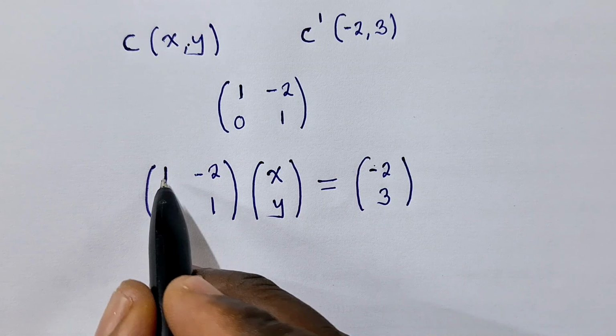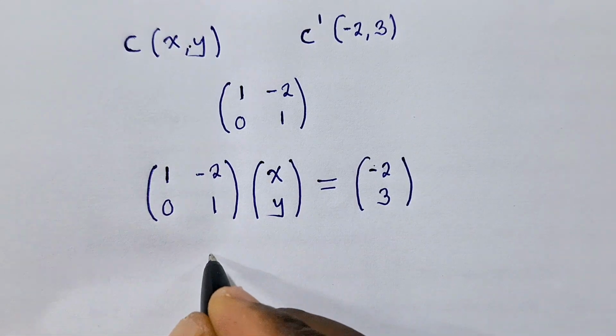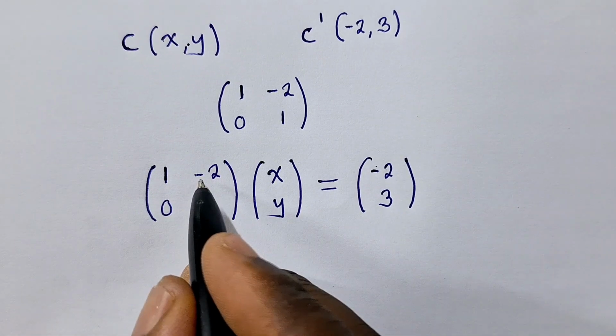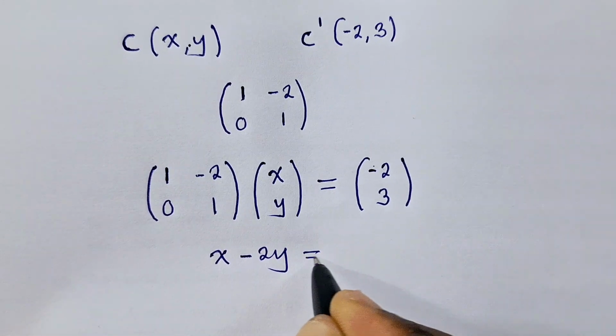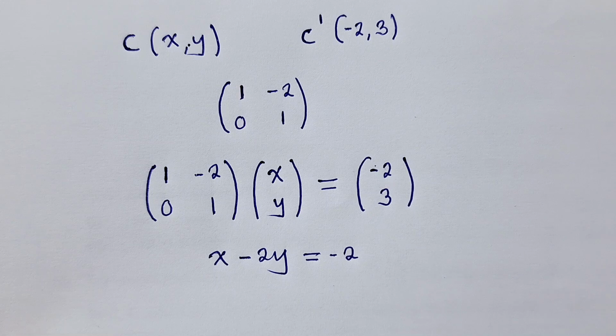So we can now work things out. We shall say 1 times x is x, negative 2 times y is negative 2y, which is equal to negative 2.